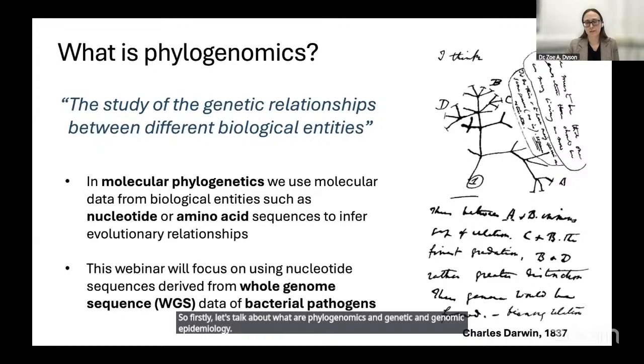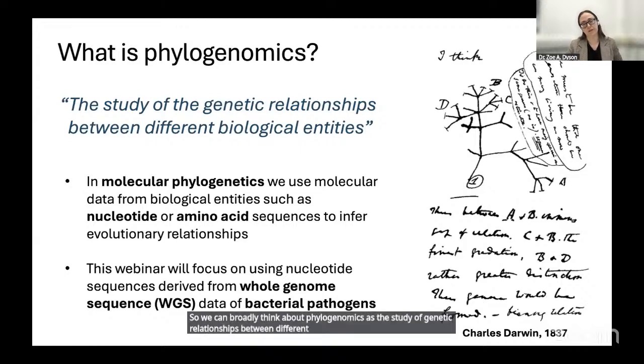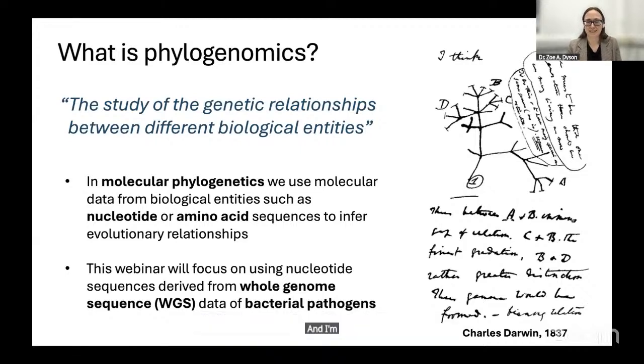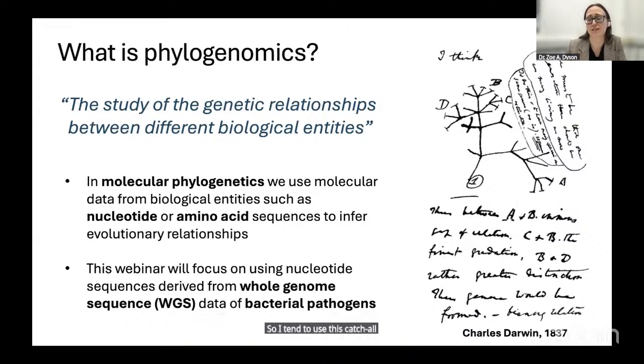So firstly, let's talk about what are phylogenomics and genetic and genomic epidemiology. We can broadly think about phylogenomics as the study of genetic relationships between different biological entities. I'm saying biological entities here to account for some scientists firmly believing that viruses don't count as organisms, simply because they're not considered truly alive in some ways. So I tend to use this catch-all term when having these discussions.